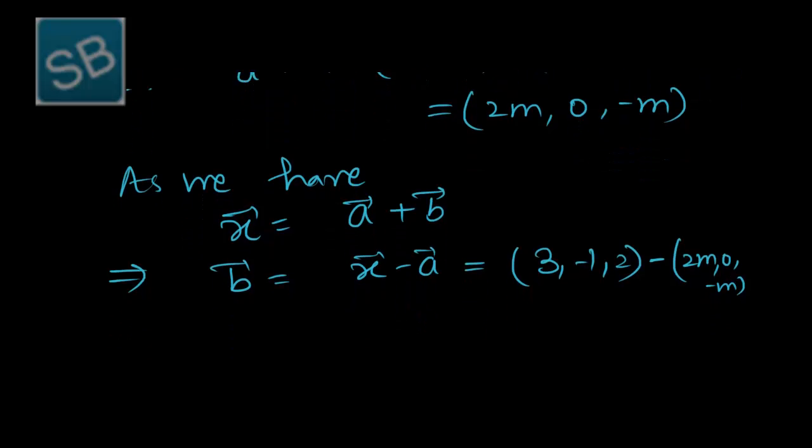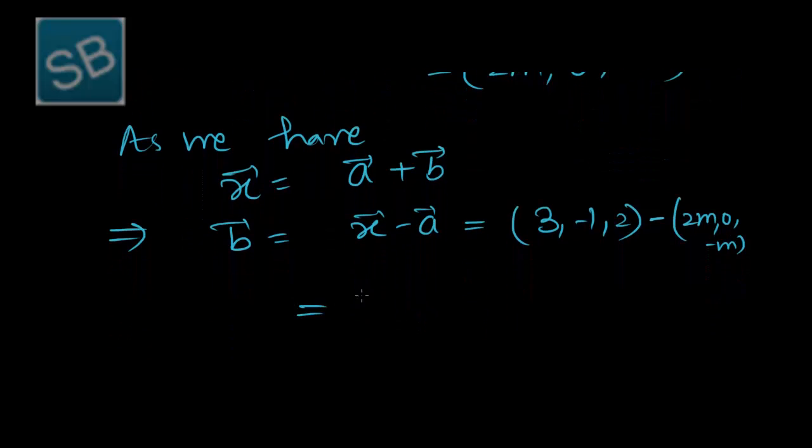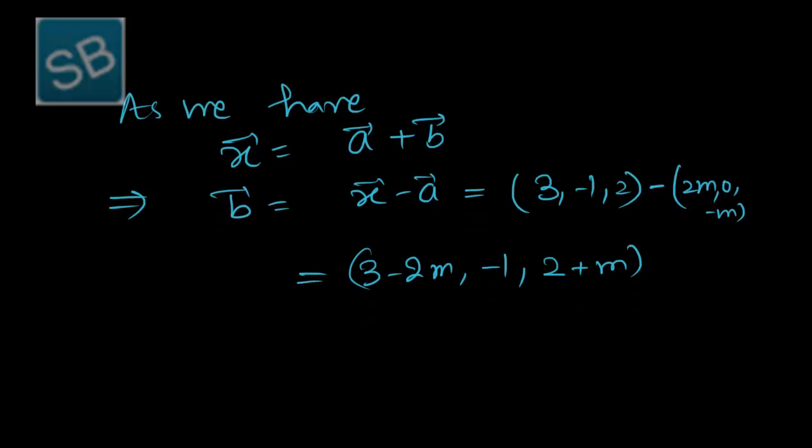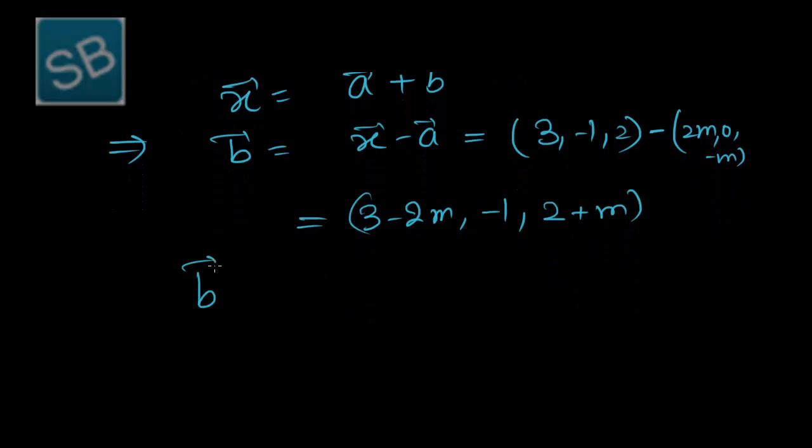So we get vector b is 3 minus 2m, comma, minus 1 minus 0 is minus 1, and 2 minus minus m is 2 plus m. So these are the coordinates of the components of vector b. Now we have the second condition. Vector b is perpendicular to vector y.